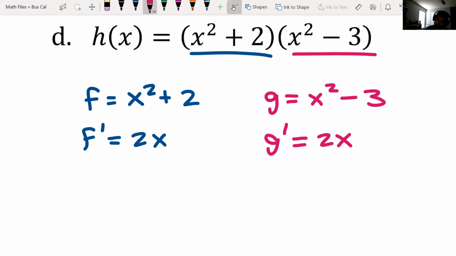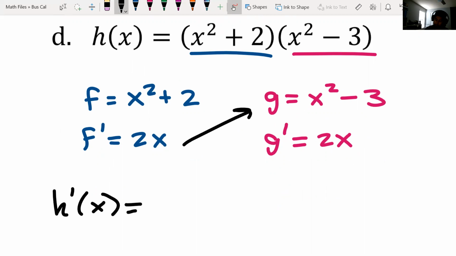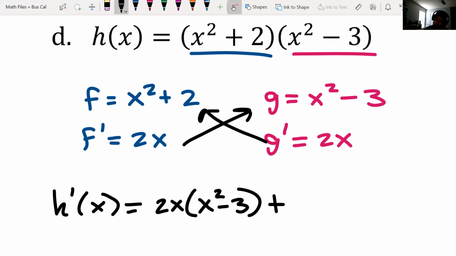Taking the derivative of h of x, so I'll start off with h prime of x and just follow product rule. F prime G, 2x times x squared minus 3 plus g prime times f, 2x times x squared plus 2.